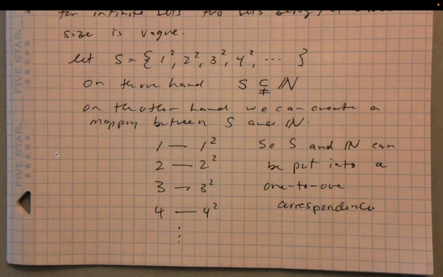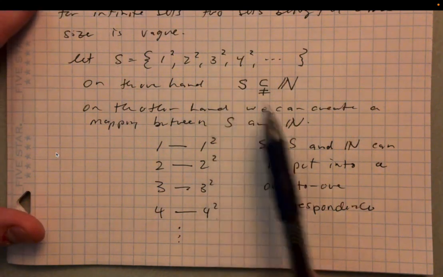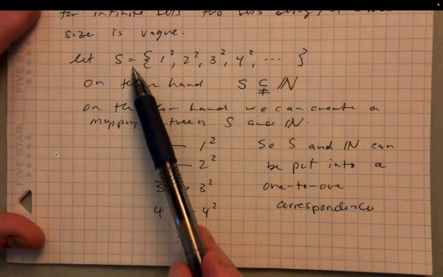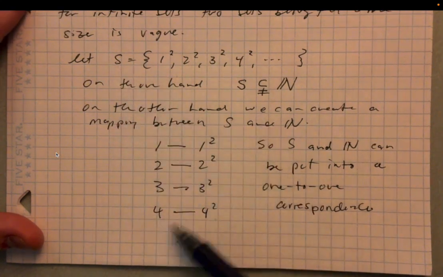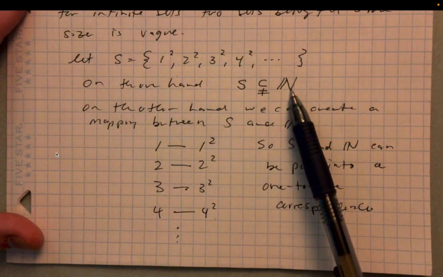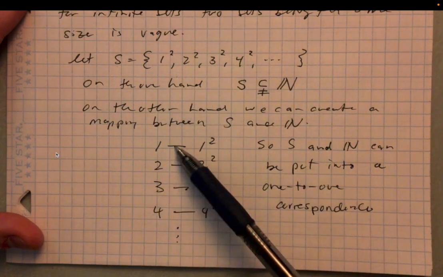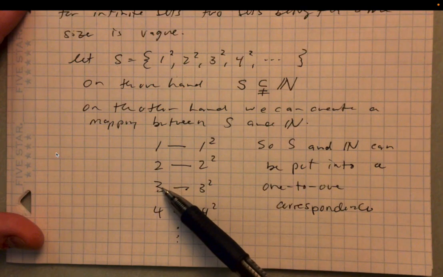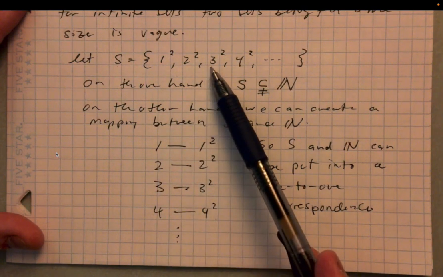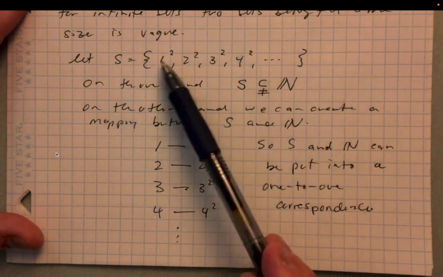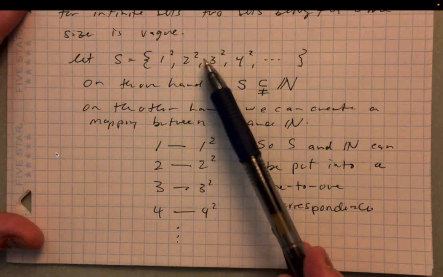But we would have a hard time saying that this set S has the same number of elements as the natural numbers, simply because we know that there are things in the natural numbers, namely the number 3, for example, that isn't in S. S skips right over 3. It goes from 1 up to 4, up to 9, up to 16.